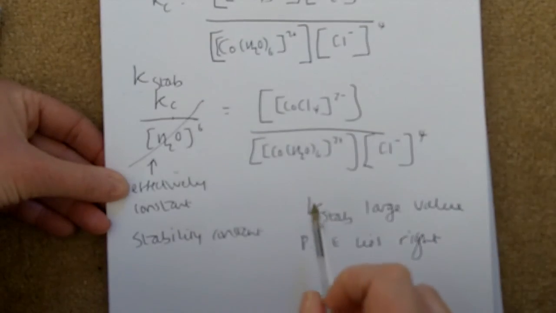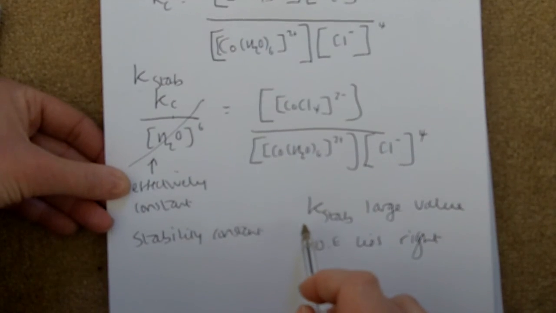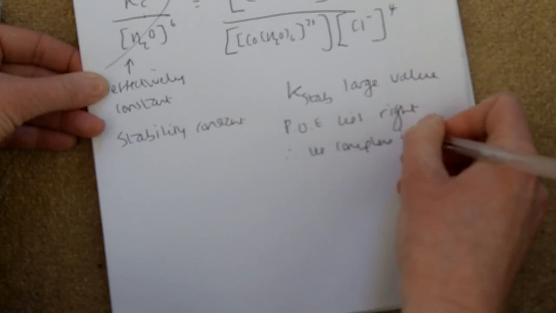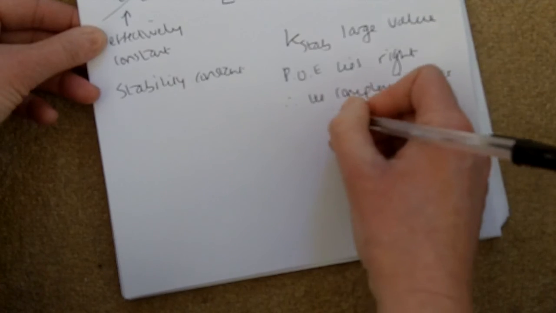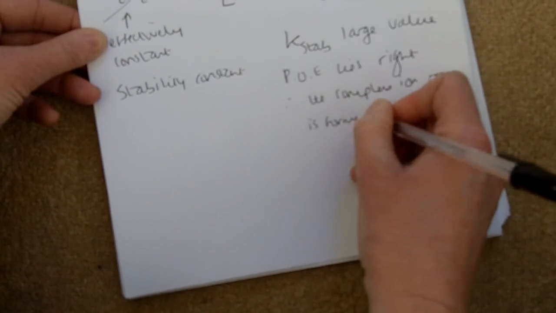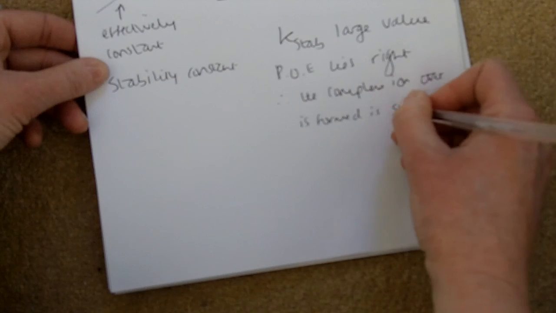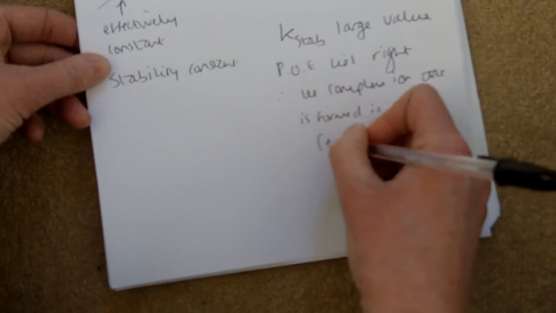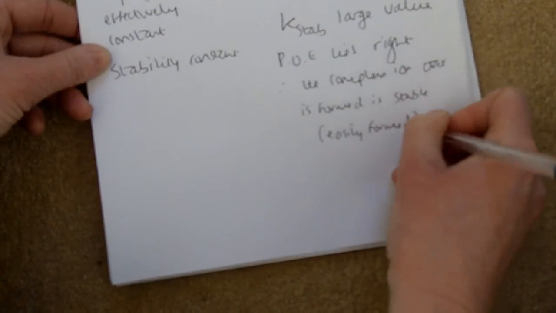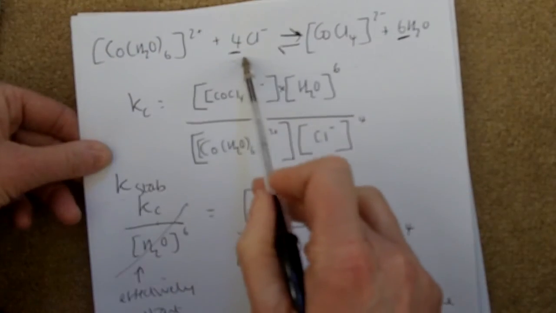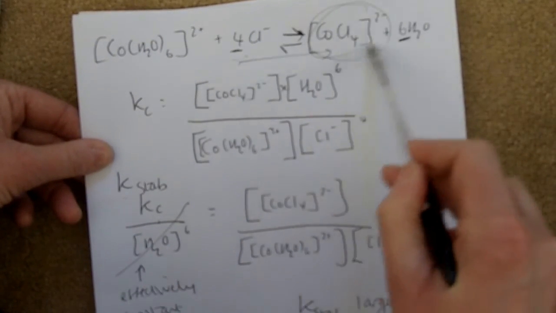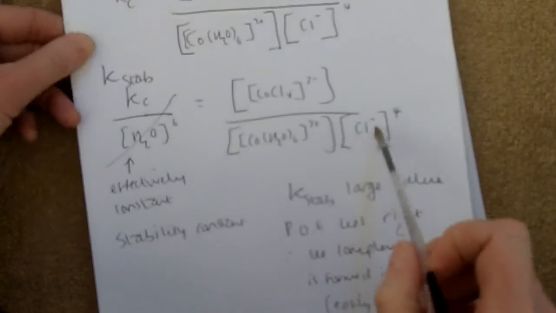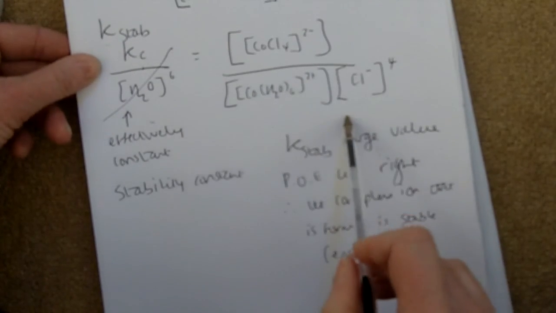Therefore, the complex ion that is formed is stable, easily formed. So the larger the value of K stab, the more easily formed it is, it has strong bonds, it's more stable. And again, you need to be careful working out your units of K stab.